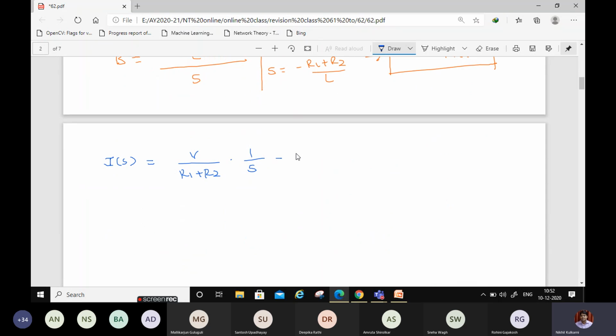Then b is negative, so b divided by r1 plus r2 multiplied by 1 divided by s plus (r1 plus r2) divided by L. Then this other term we can keep as it is.